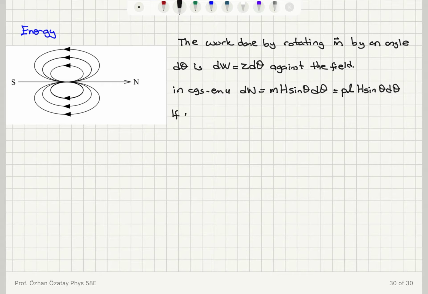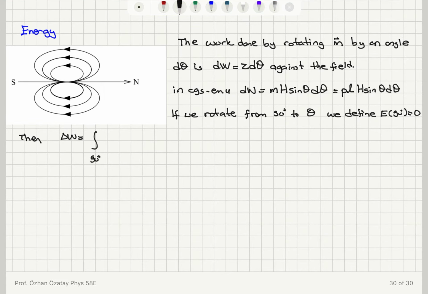So if we rotate the magnetic moment vector from 90 degrees with respect to the field to an angle theta, and we define the energy at 90 degrees to be 0, then you will see that the work done by rotating from 90 degrees to an angle theta will be the integral of m h sine theta d theta, which is minus m h cosine theta between 90 degrees and theta.